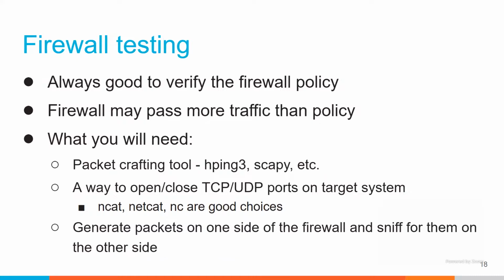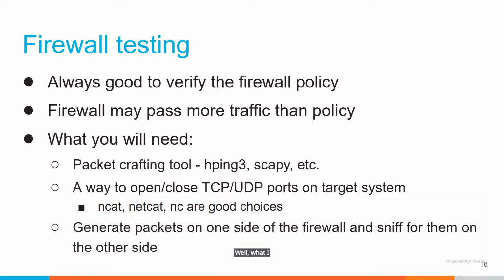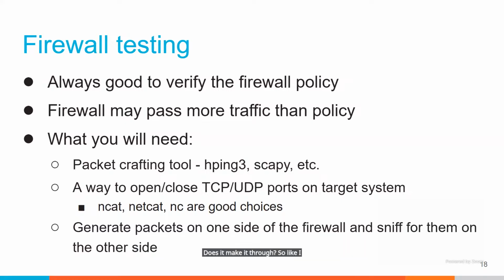So I keep talking about testing a firewall. What do I mean by that? Well, what I mean is a tool to create packets on one side and a tool to listen for packets on the other. Does it make it through? So, like I said, I like to start simple. Anyone going anywhere, drop it. And now I'll start generating packets on one side, seeing if they make it through to the other.